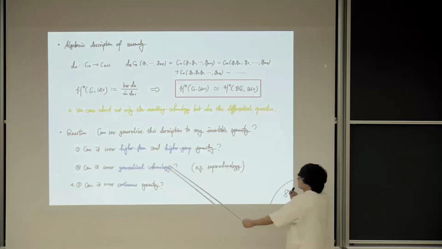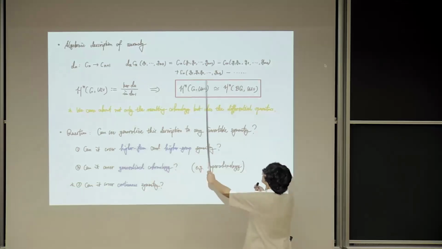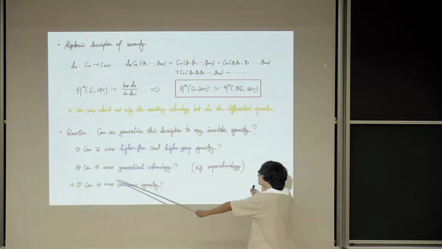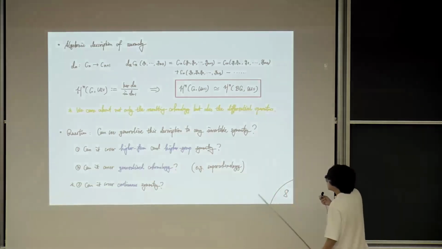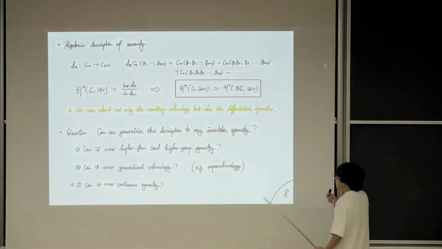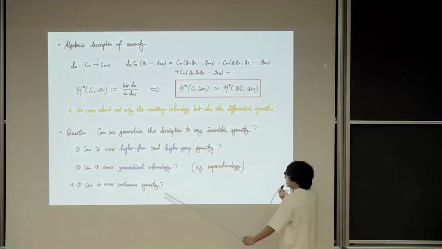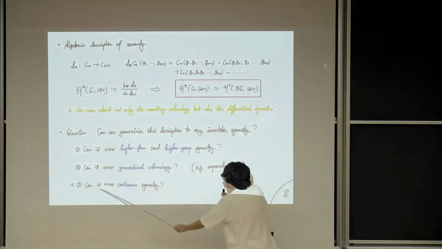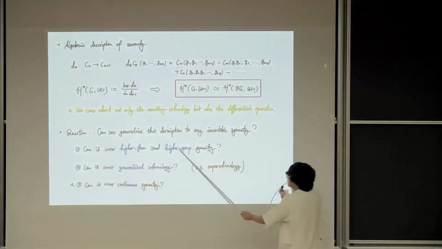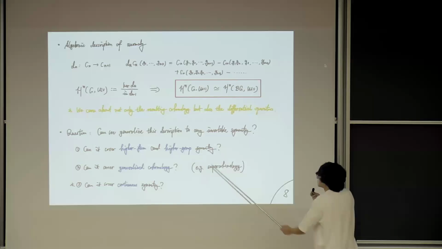And the second, can we use this kind of language to describe generalized cohomology, that Anderson dual of the sphere spectrum, that formidable object? And last, can it cover continuous symmetry? But this is not so relevant. So I will focus on these two questions.